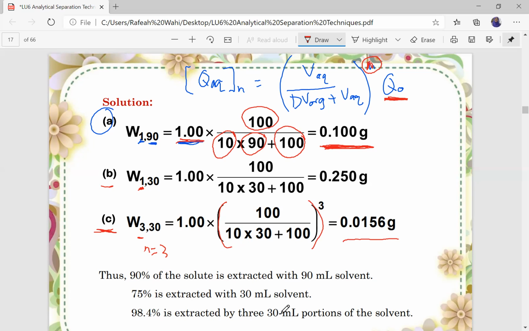That means if you have 90 ml of solvent, it's better to break down the extraction into 3 times using 30 ml each time, so that you get more efficiency in your extraction. It is always more efficient if you do it more than one time.